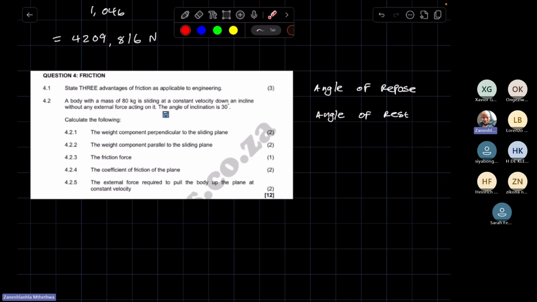And then both these are equal to the angle of friction. So in some of the questions you are required to understand how to approach the question if the angle of incline is equal to the angle of repose. But as soon as you understand how to use this information, then it becomes easy.